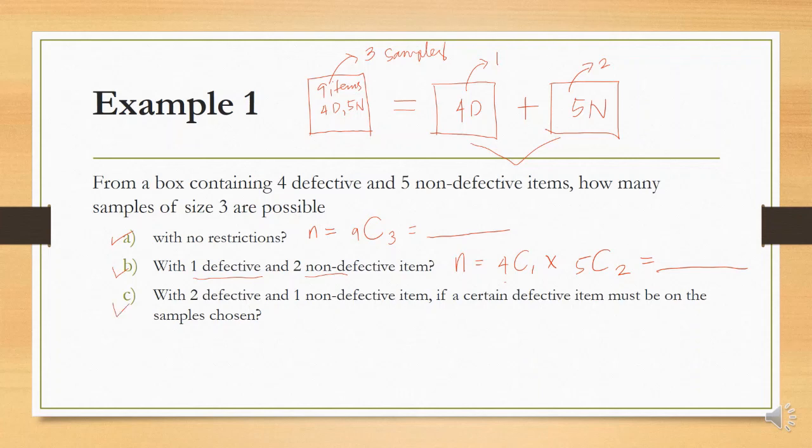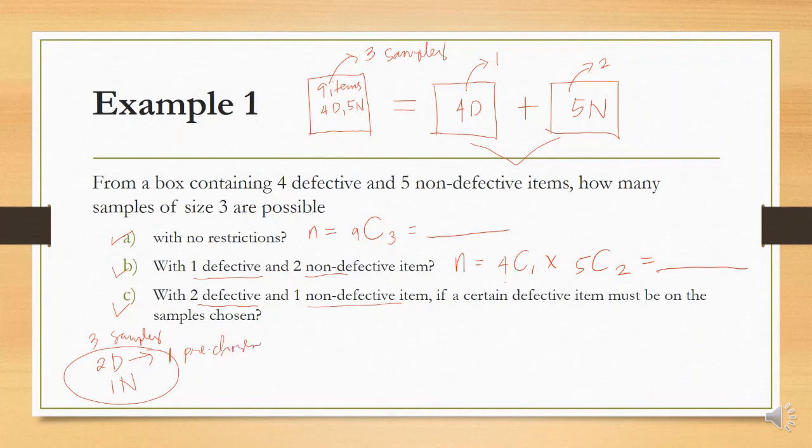Okay, moving on, let's have letter C. With 2 defective and 1 non-defective item, if a certain defective item must be on the samples chosen. Okay, so ganito yung scenario, meron tayong 3 samples. Ang gustong mangyari ng letter C, merong 2 defective items dito at saka isang non-defective item. Yun nga lang, from the 2 defective items, yung isa ay pre-chosen na siya, no?